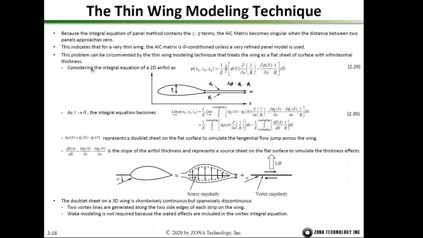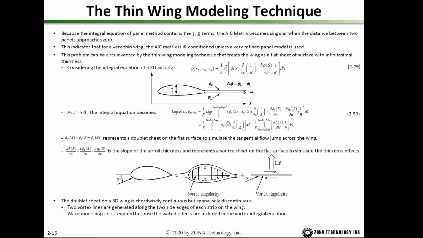So considering the integral equation of a 2D foil, we integrate along the surface and along the wake. However, if t approaches 0, this integral equation can be approximated by taking the limit, and this is the difference of the doublet, this is the difference of the source.